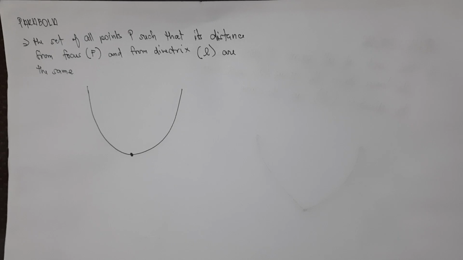It is the set of all points that represents variable P such that its distance from the focus, represented by variable F, and from the directrix, the symbol that looks like a small letter L, are the same.